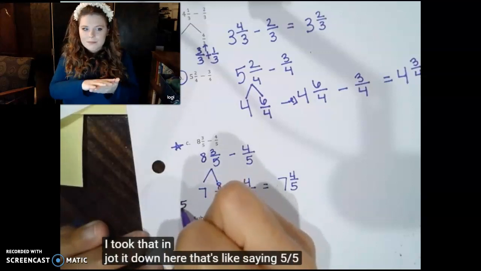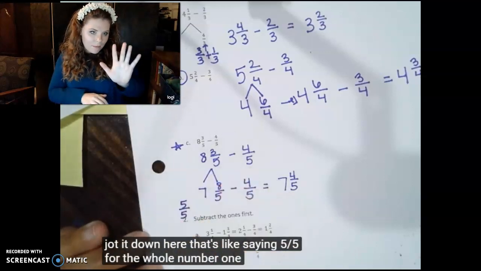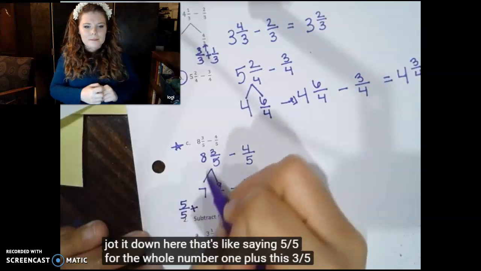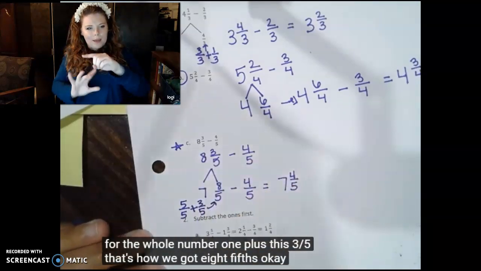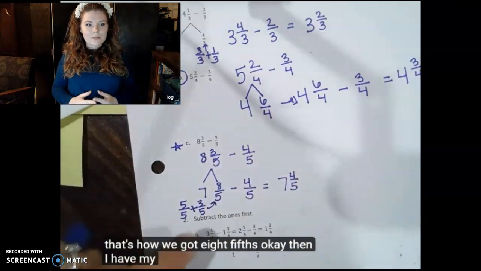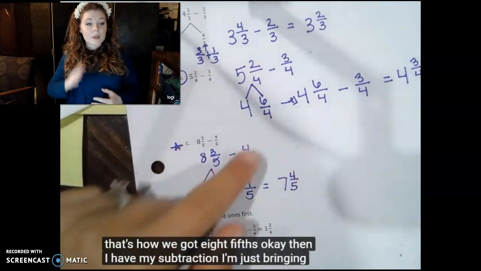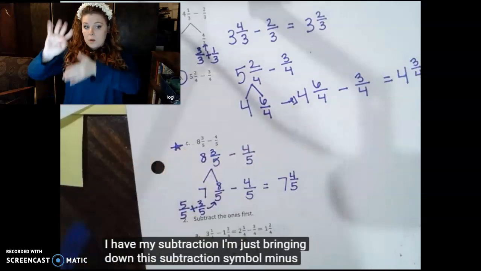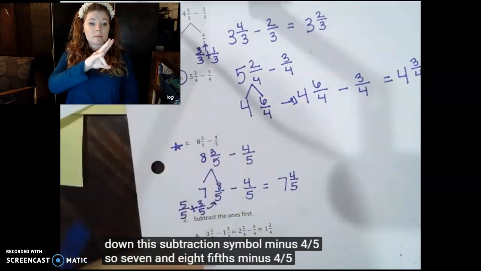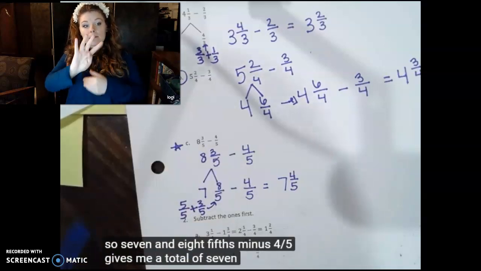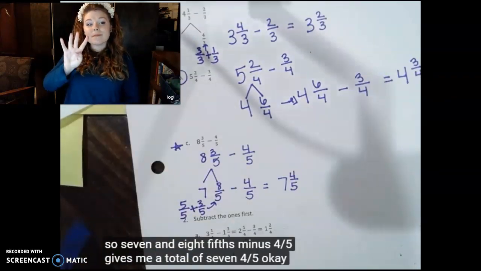That's like saying 5/5 for the whole number 1 plus this 3/5. That's how we got 8/5, okay? Then I have my subtraction. I'm just bringing down this subtraction symbol, minus 4/5. So 7 8/5 minus 4/5 gives me a total of 7 4/5.